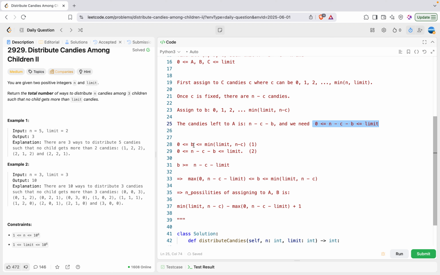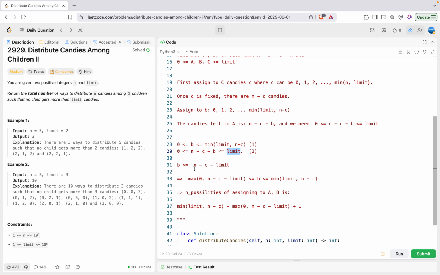First, B is greater than or equal to 0 and less than or equal to the minimum of limit and n minus C. Another one is that n minus C minus B, the candies we assign to A, should be between 0 and limit.